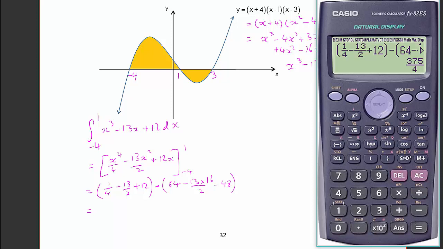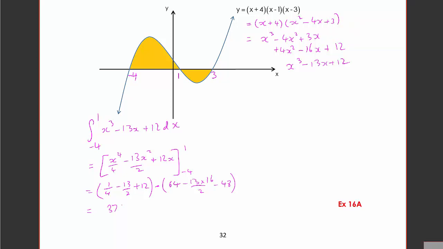And that gives me 375 over 4 square units. So that's the area of this bit, and that little bit there.